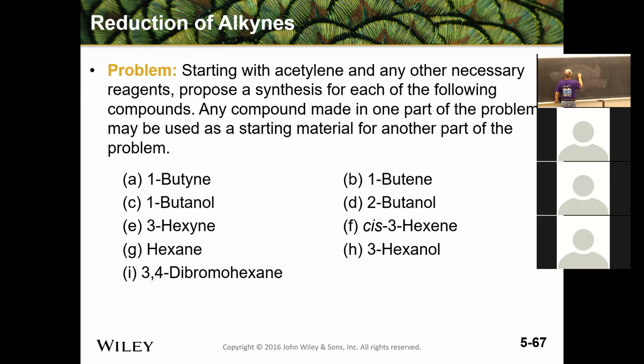For that, we could start with 1-butene that we produced in part B. And this is Markovnikov. So rich get richer, hydrogen goes to this side, OH goes to the other side. So for this one, we could use the acid catalyzed addition of water.